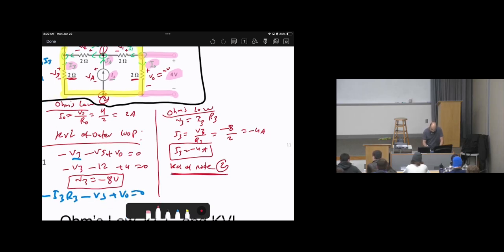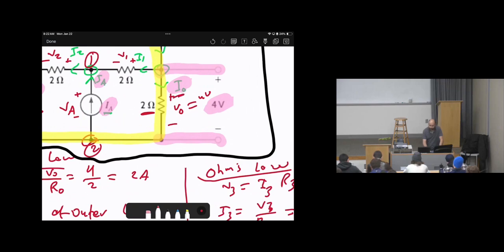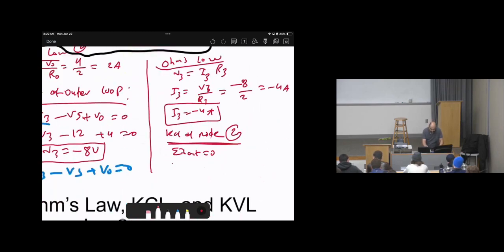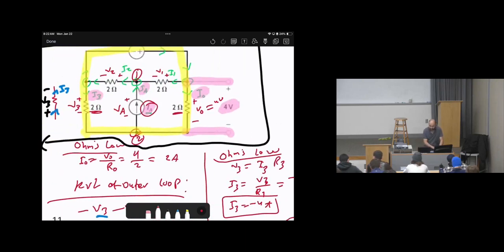And in KCL, the sum of leaving currents equals 0. Now let's look at IO. IO is leaving. I'm sorry, it's entering, so negative IO. Then IA is leaving, so positive IA. I3 is entering, so negative I3.